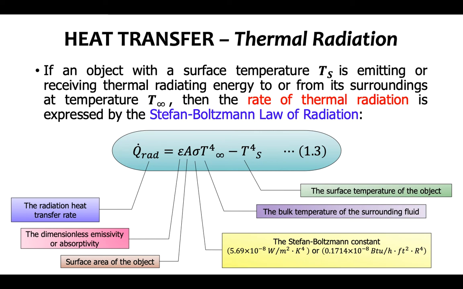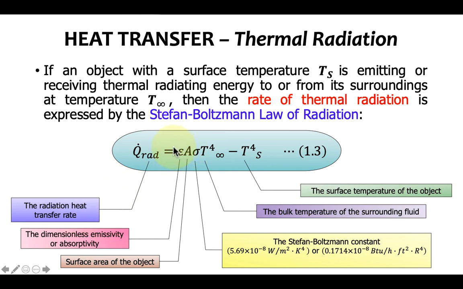If an object with a surface temperature Ts is emitting or receiving thermal radiating energy to or from its surroundings at temperature T infinity, the bulk temperature, then the rate of thermal radiation is expressed by the Stefan-Boltzmann law of radiation, like in this equation, where Q-rad is the radiation heat transfer rate.